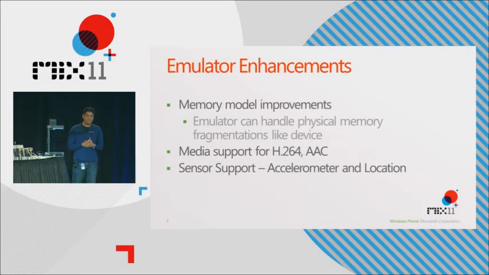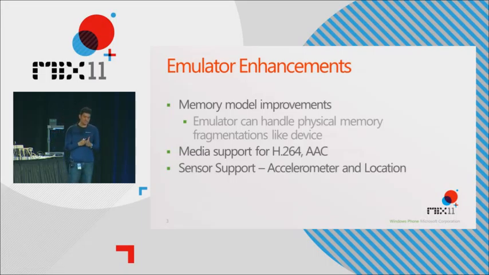One of the things that we are bringing in Mango is making sure that the memory characteristics of the emulator are similar to that of the device. So we have done significant improvements in that area. Having said that, I would still mention that all your performance tuning work you should do on the device. This is just a step to make sure the device characteristics and emulator characteristics are similar, but not the same.